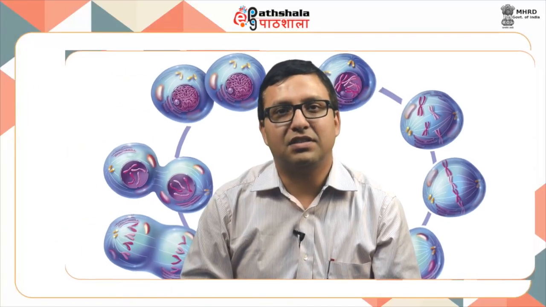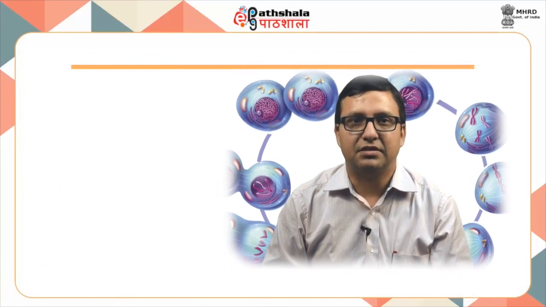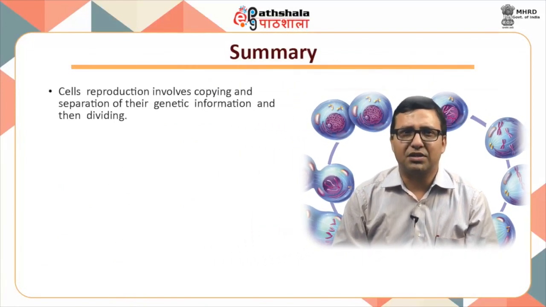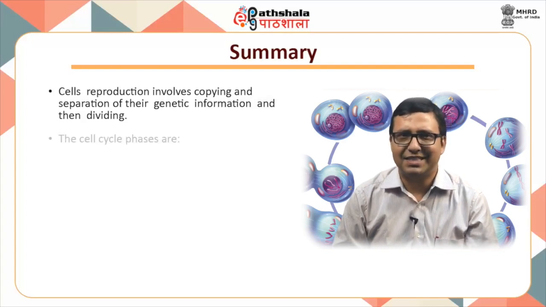Finally, let us now summarize what we have learned in this module so far. Cell reproduction involves copying and separation of the genetic information and then dividing into two daughter cells. The cell cycle phases are interphase and M phase.